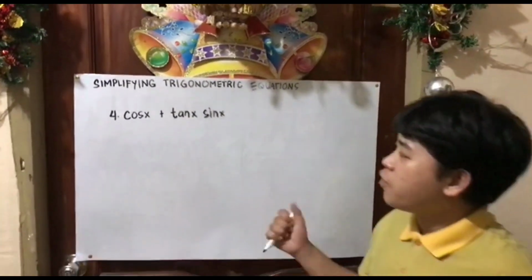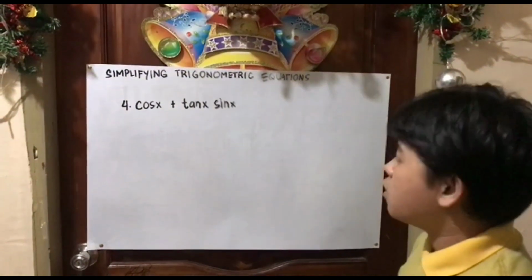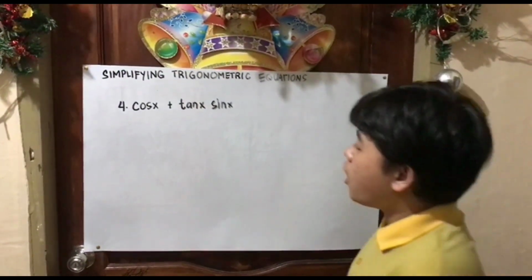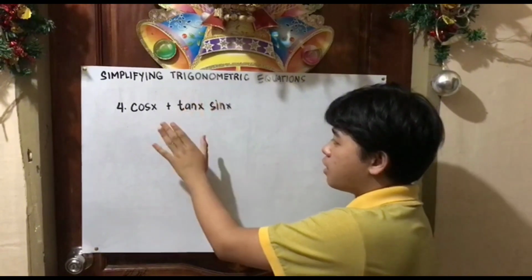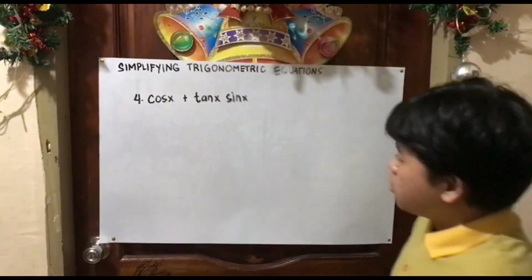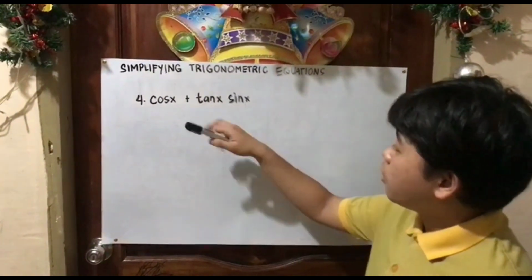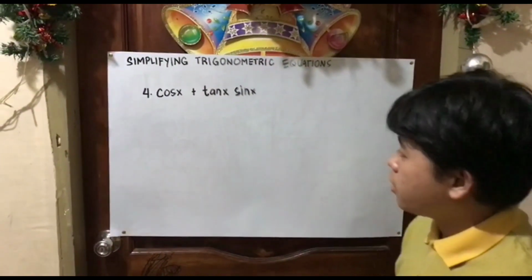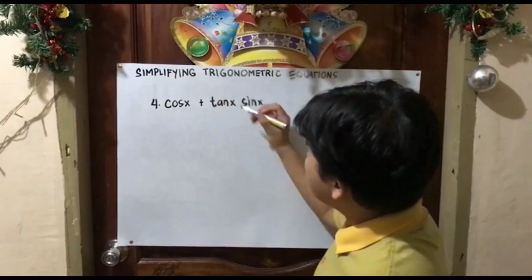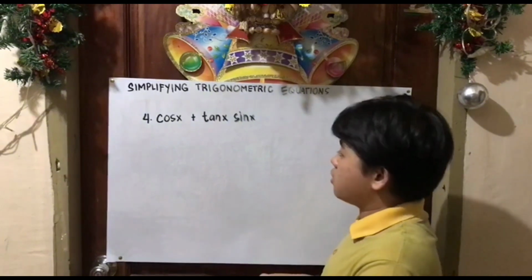So we are now in our fourth example for simplifying trigonometric equations. I have here a little bit complex example. So we have cosine x plus tan x times sine x. We will be applying the technique of converting all the terms into sine x and cosine x. This is already cosine x and this is sine x. So all we need to do is convert this tan x to sine and cosine format.